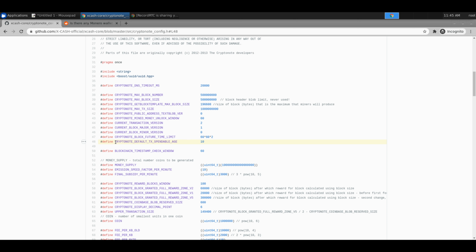What I find interesting, here's the interesting part about this: up until Monero 0.16.0, so very recently, a few months or something like that, this was a wallet rule, not a protocol rule.